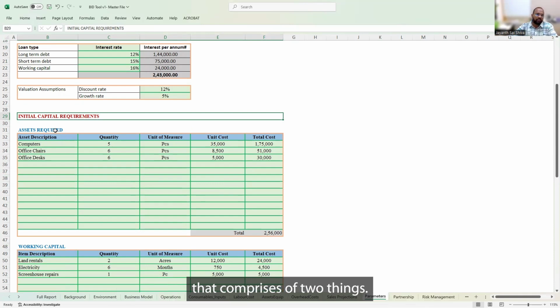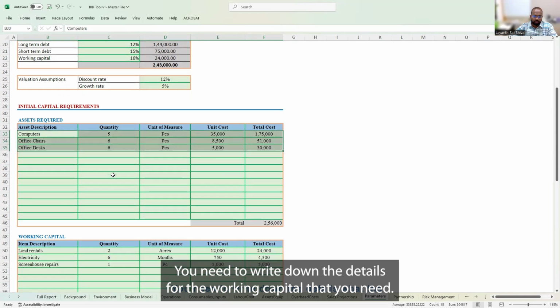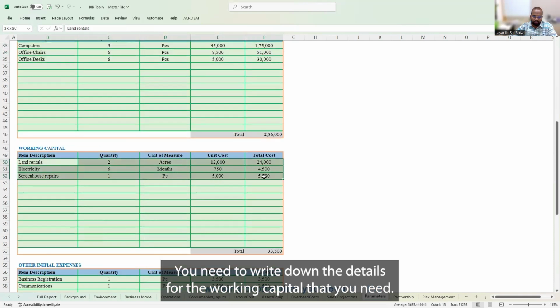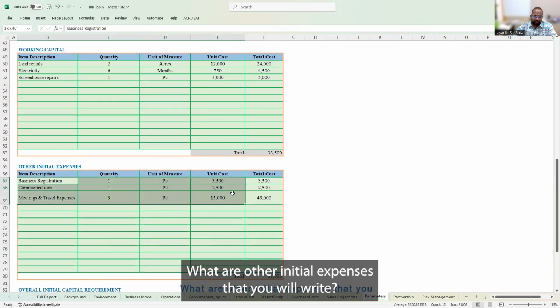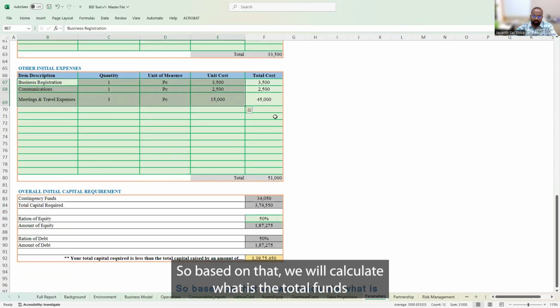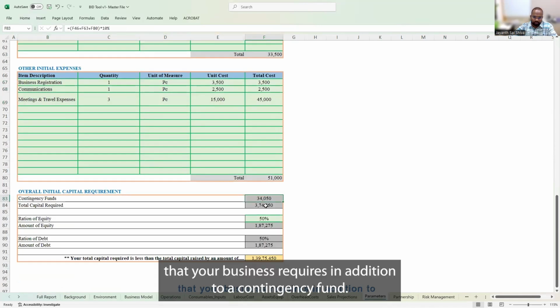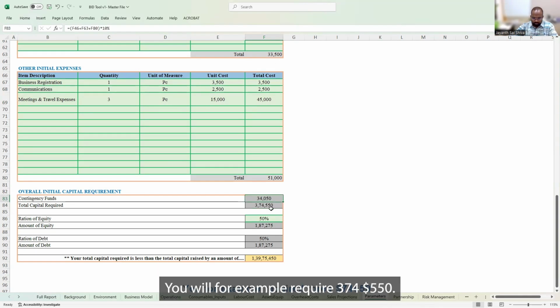That comprises a few things. What are the various assets you need? You need to write down the details. What working capital do you need? What other initial expenses would you incur? Based on that, we will calculate the total funds your business requires, in addition to a contingency fund.